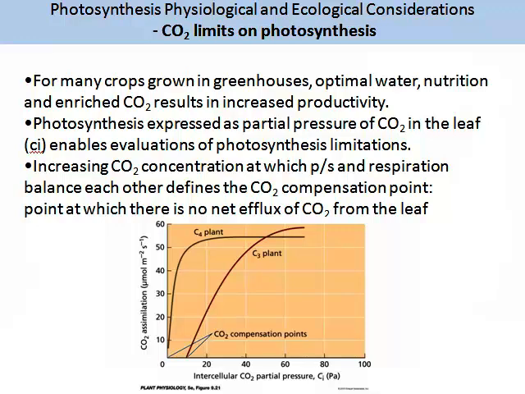Increasing carbon dioxide concentration, the point at which photosynthesis and respiration balance each other defines the carbon dioxide compensation point. That is, the point at which there is no net flux of carbon dioxide from the leaf.